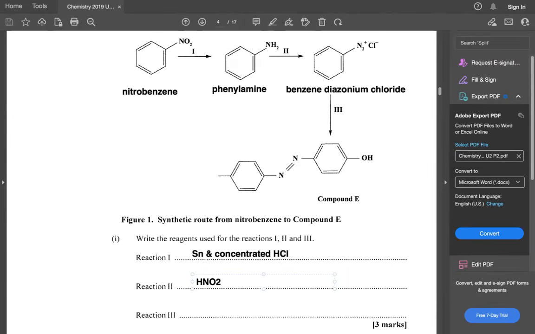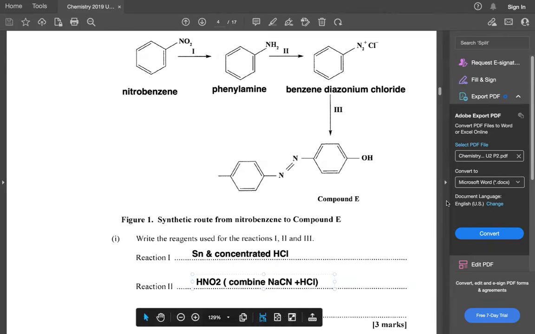And the way that we generate nitrous acid is we combine NaCN, so sodium cyanide, with HCl. And that's how we're going to get our HNO2, or nitrous acid, that is needed to convert the phenylamine into the benzene diazonium chloride, right?